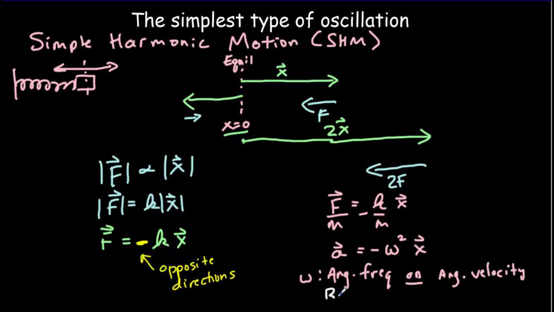Its units are radians per second. Turns out, and we'll learn this later, a radian is a fraction of a cycle. So this angular frequency is going to be proportional to the regular frequency, which is the number of cycles per second. And it turns out the constant of proportionality is equal to the angular frequency squared for any object in simple harmonic motion.